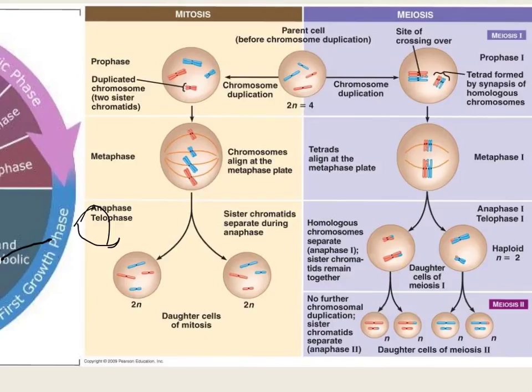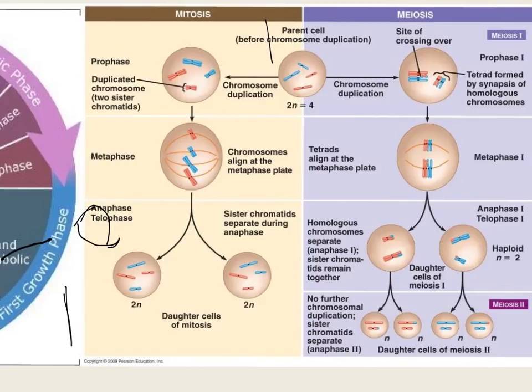So mitosis, you duplicate the chromosomes so you have 2 sister chromatids. So here's a parent cell for each. This is before chromosome duplication.